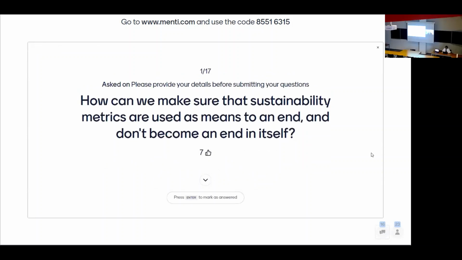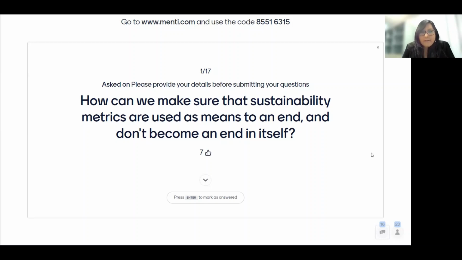Next one is how can we make sure that sustainability metrics are used as means to an end and don't become an end in itself? Well, we know that metrics provide information, and people can use this information to make decisions.